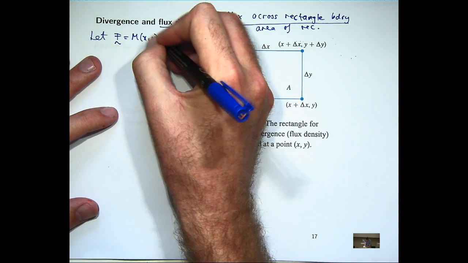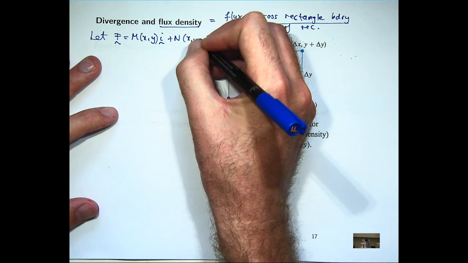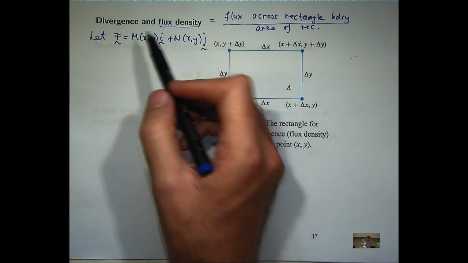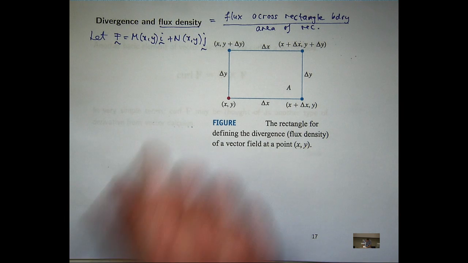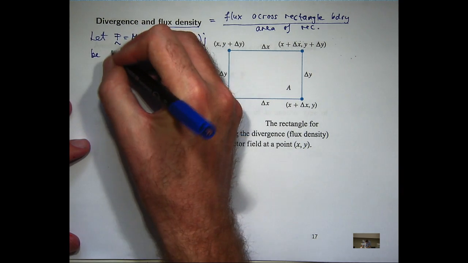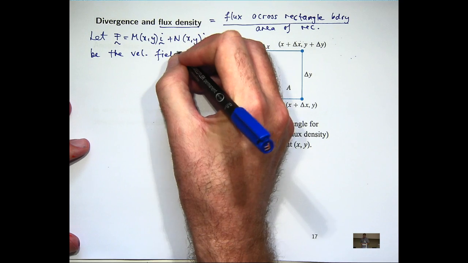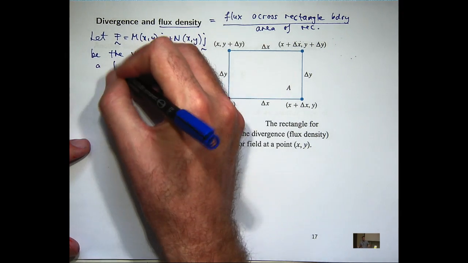So suppose I've got a vector field with M and N as the component functions. M and N are well-behaved functions of two variables, say. Let's just say this F is the velocity field of a fluid in the plane.